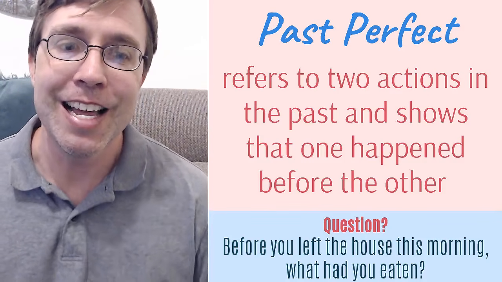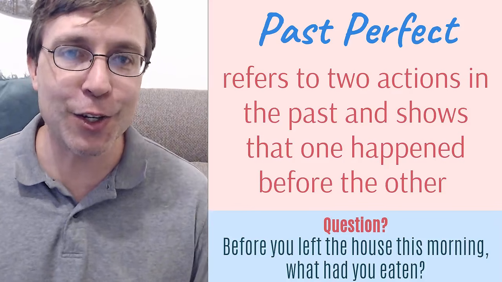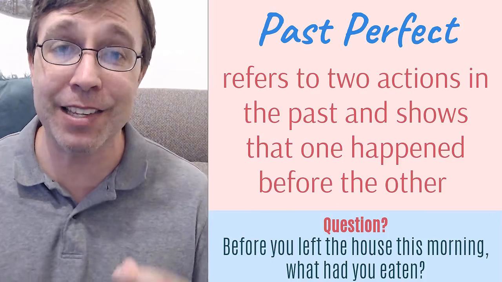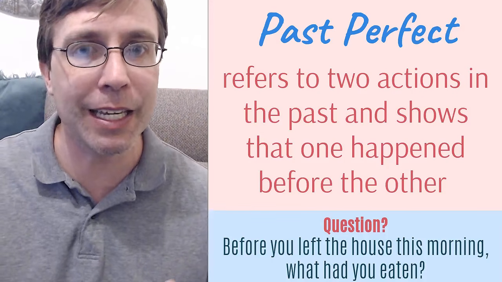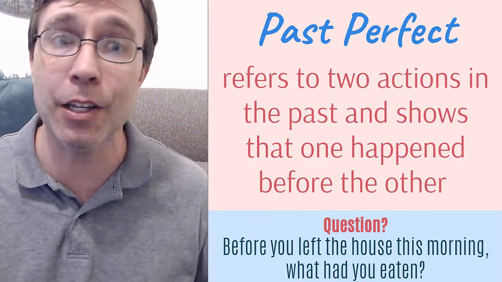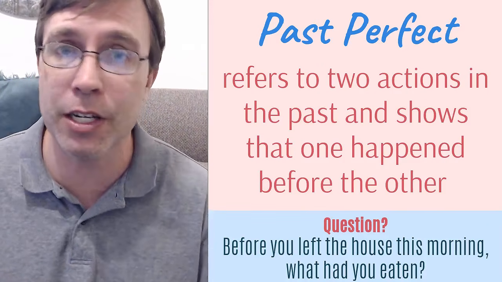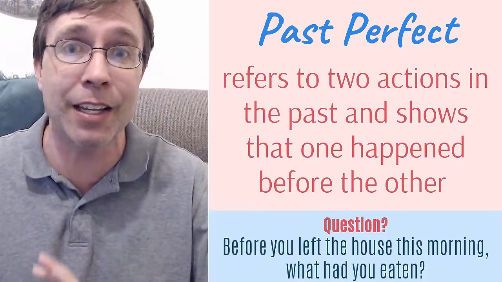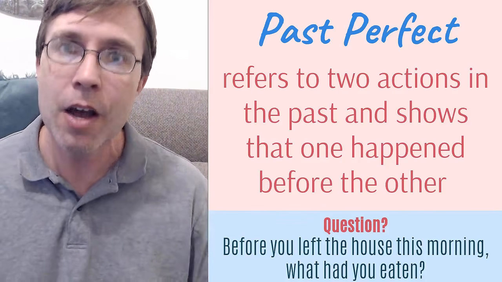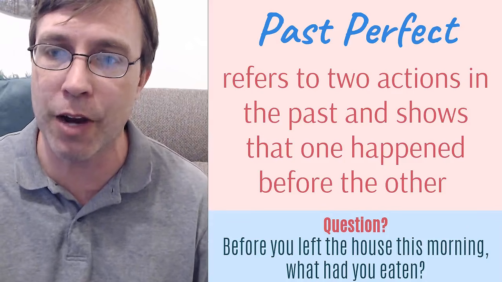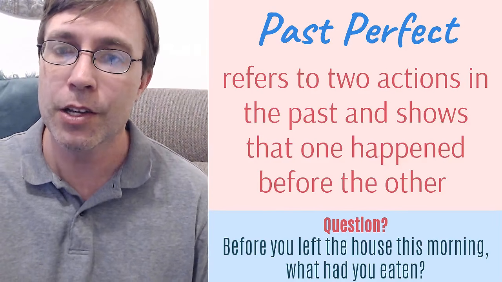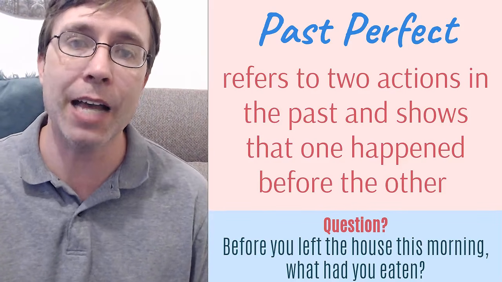Check that out. Now we're going to get into more verb tenses that are more difficult and probably less commonly used, even though you may hear them when you're watching a TV show or a movie. I'm not telling you that you should not use these, but this is a little more advanced grammar. So we're talking about the past perfect.